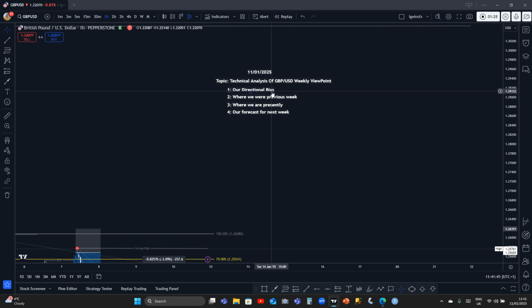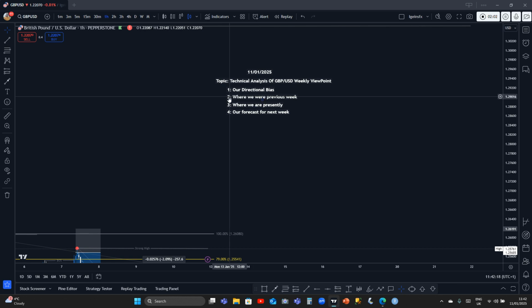When we say directional bias, we are simply saying, where is the trend headed? Is it going south, which is a bearish trend, or is it going north, which is a bullish trend, or is it just in a consolidation stage?